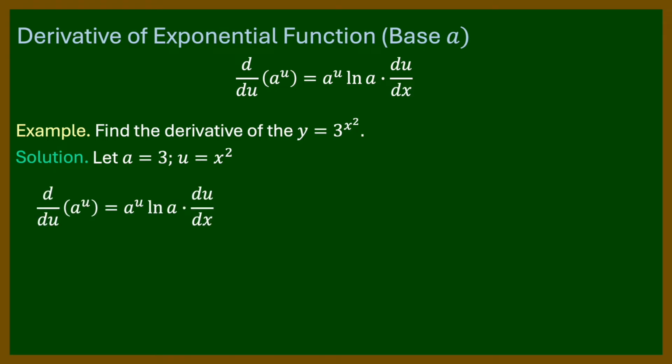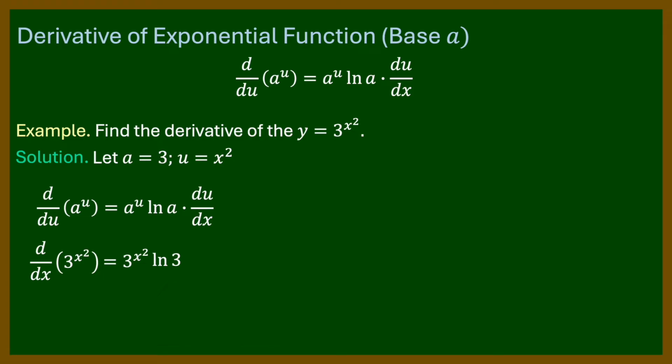Now, let us utilize the given formula. a to the u is simply the original function, which is 3 to the power of x squared. And then ln of a is the next term. Since we already know that a is 3, let us put ln of 3. And then, let us multiply this entire thing by the derivative of u with respect to x.